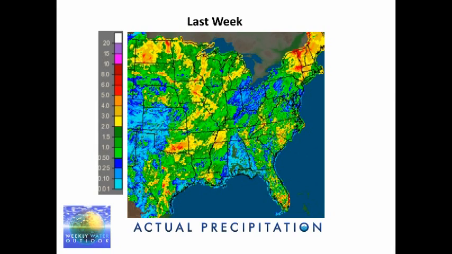Okay, now before I talk about the upcoming week, let's look back at last week. This is the actual precipitation that occurred, and if you're a regular listener to the Weekly Water Outlook, you're seeing these graphics look a lot more, I don't know what you'd call it, sort of scratchy looking, and that's because we're getting into spring and summer. The patterns aren't as much synoptically driven as they are mesoscale and even microscale, so we're getting a lot more summer type convection, pop-up thunderstorms, not as much organization, and that's what we see.